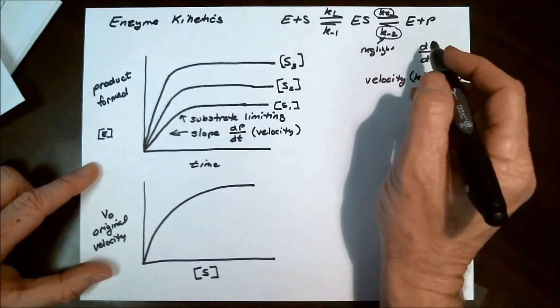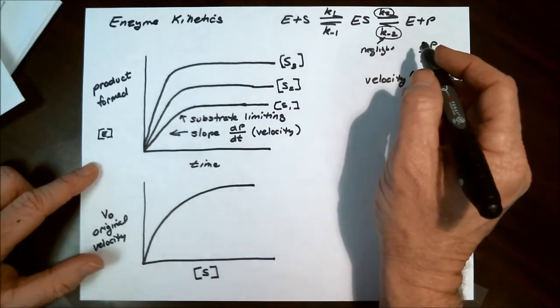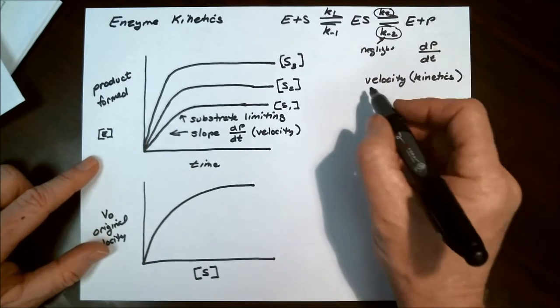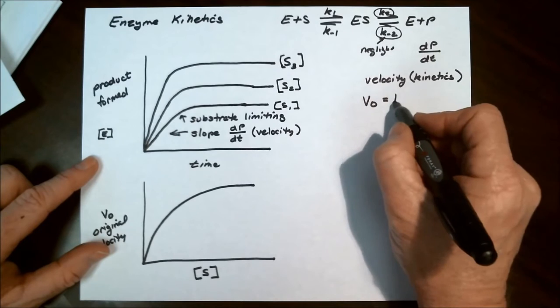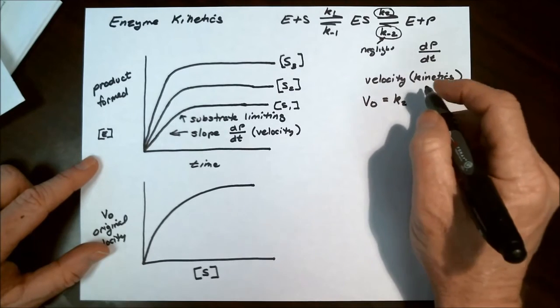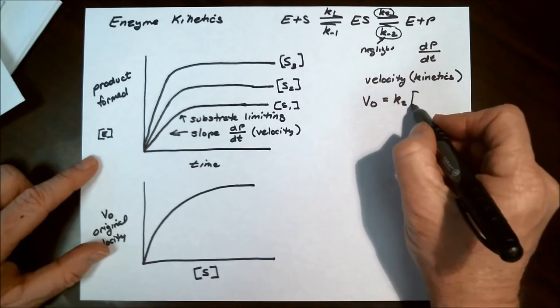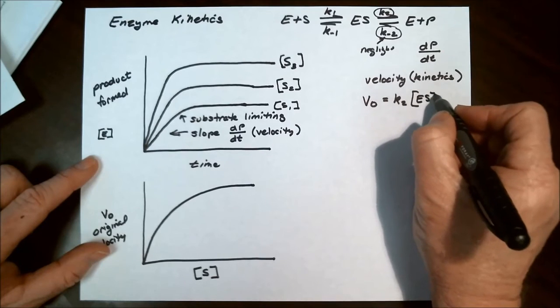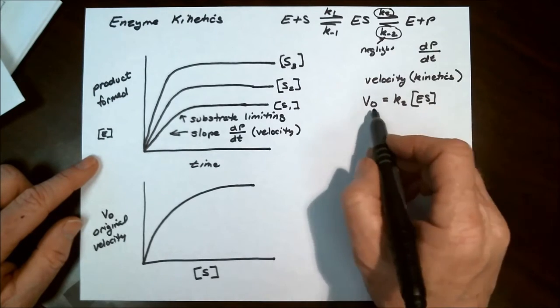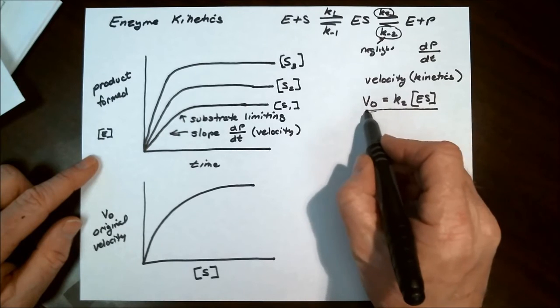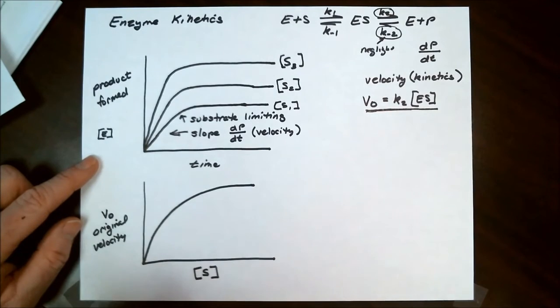It's the slowest rate. And so being the slowest rate, velocity will equal the rate K2 times the concentration of our transition state complex, ES. Because this is limiting, this equation here dictates a hyperbolic curve.